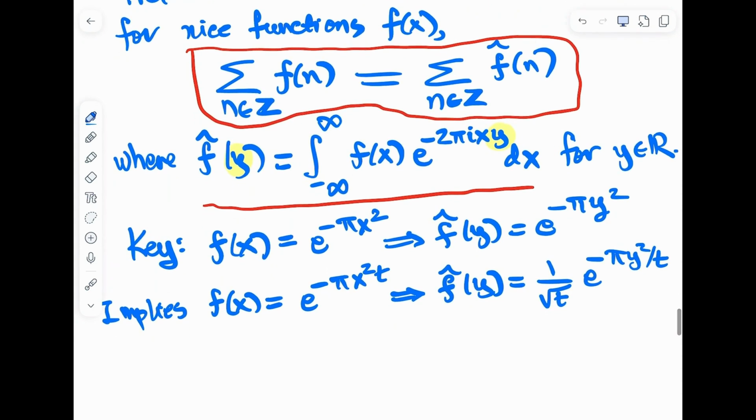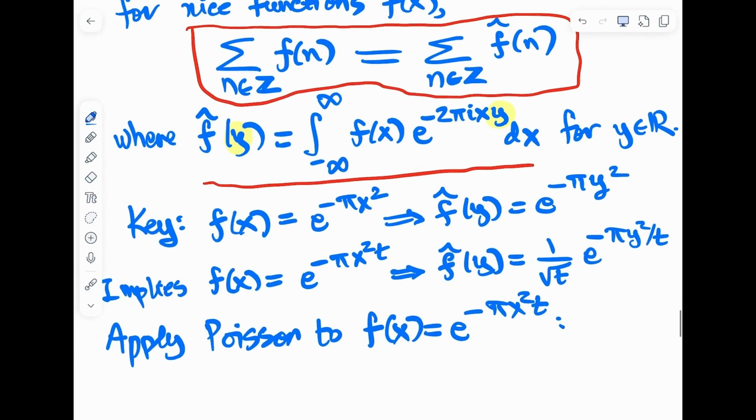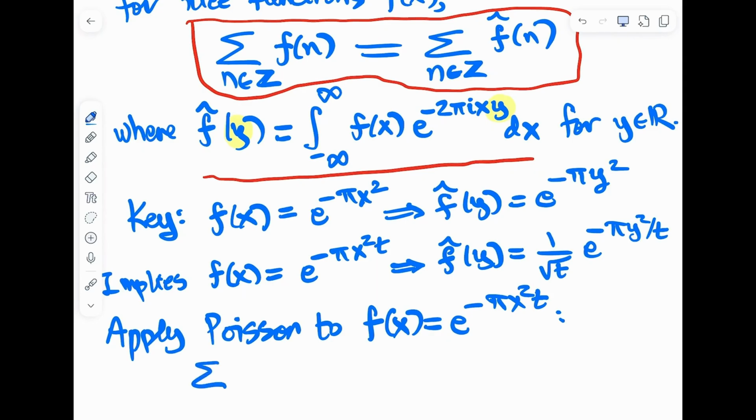And so then you can apply the Poisson summation formula to e to the minus pi x squared t. On the left side, you're summing f of n, e to the minus pi n squared t.